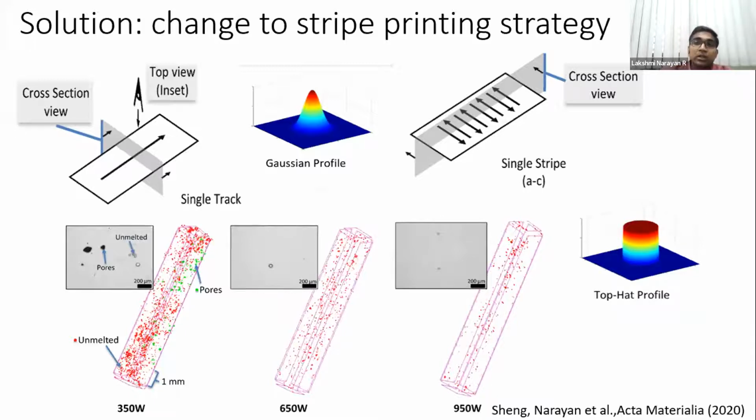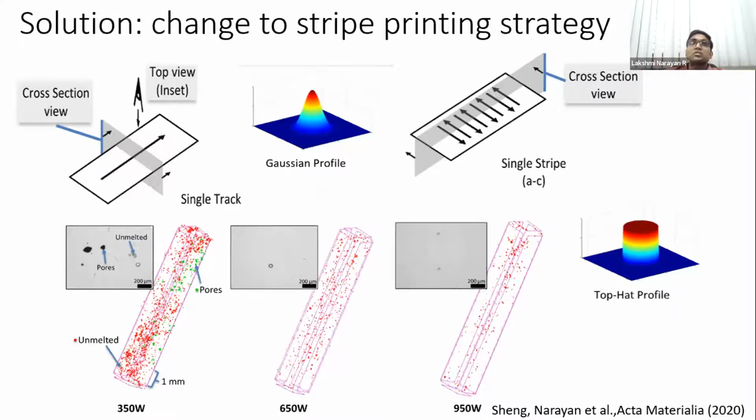If you look at the tomography images, you can clearly see these spot patterns, especially the pores which are green in color, have completely disappeared when you use 650 watt and 950 watt, which is high power, right? We're using high power, high speed. Here the velocities are also 650 mm per second and 950 mm per second. So they're very, very high. And you still see that you have a very, very low amount of pores.